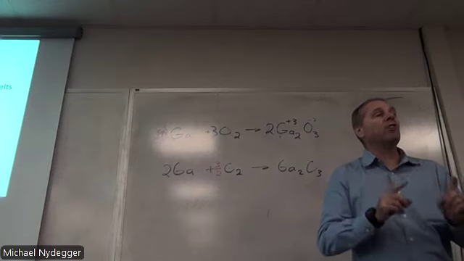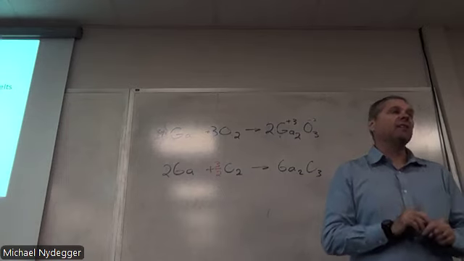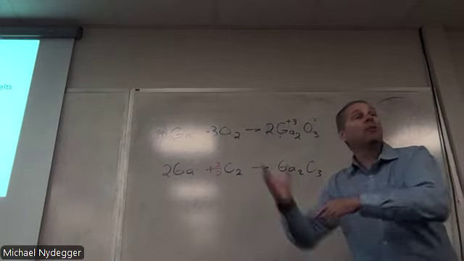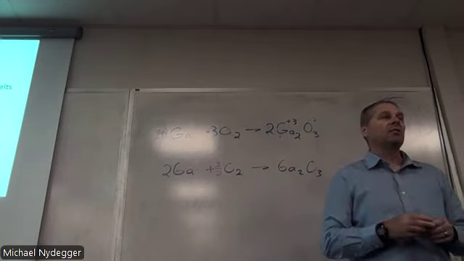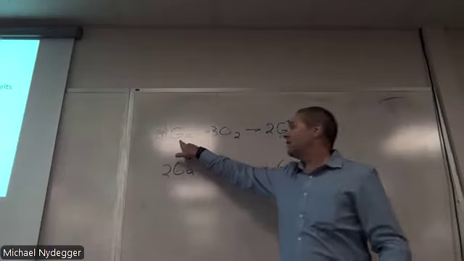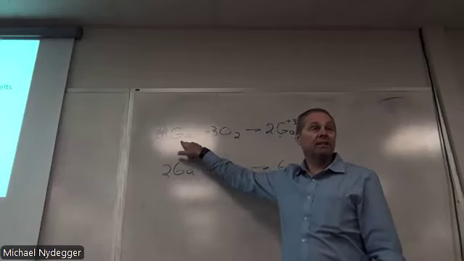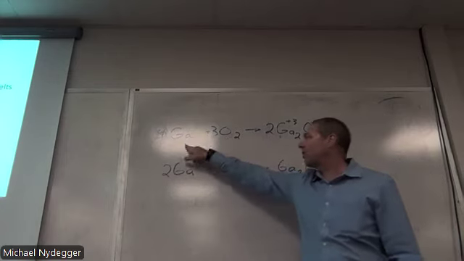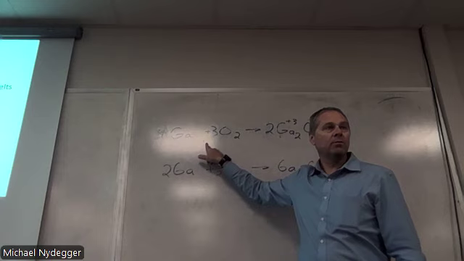It only has a charge when it's in its ionic state, so it either gives up an electron or takes an electron. This is in its elemental state, it's by itself, so the charge here is 0.